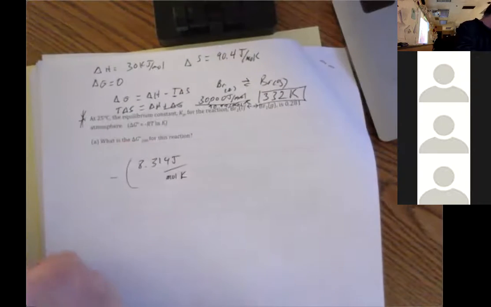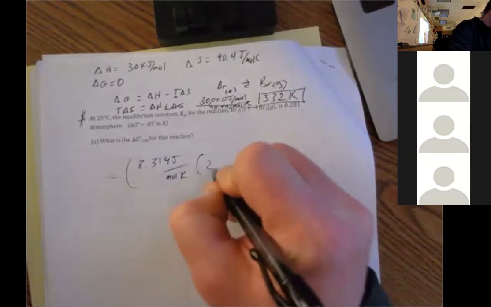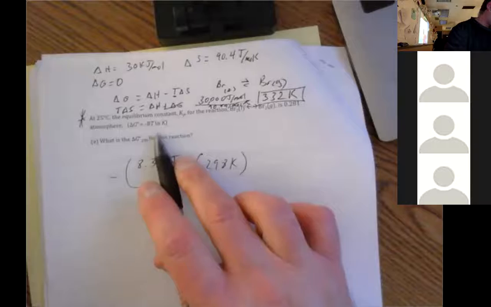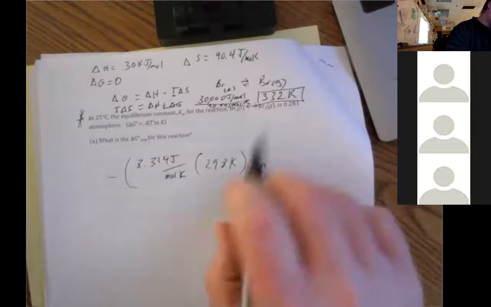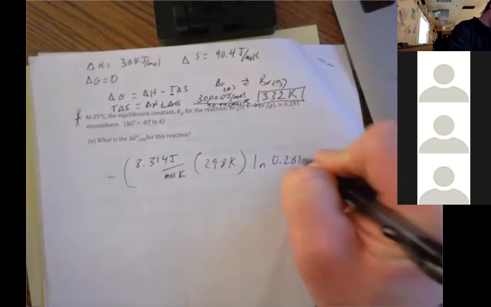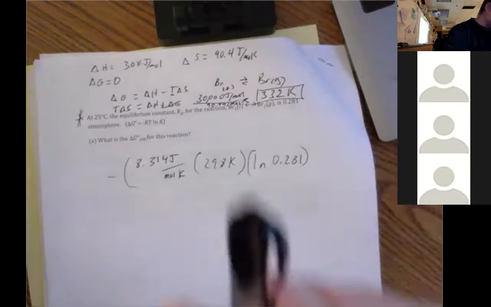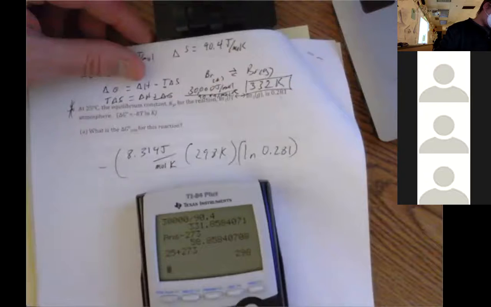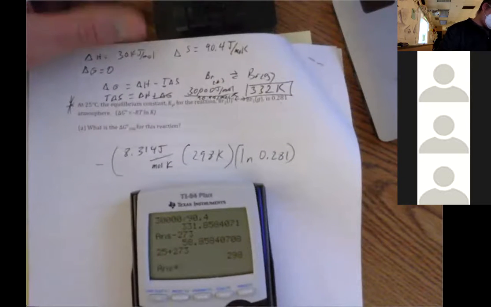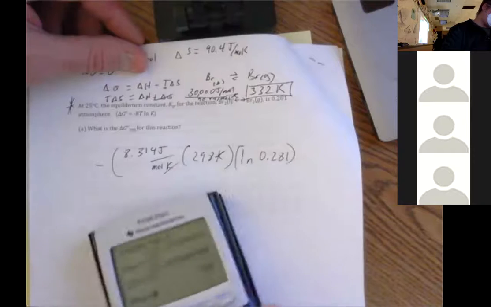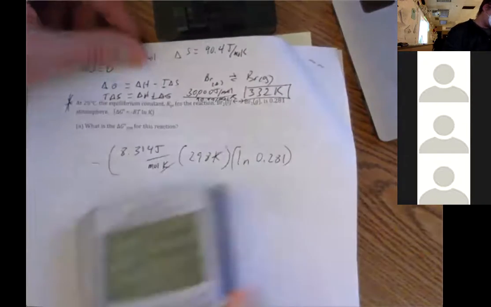It's at 25 degrees Celsius, so we need to add 273 to get that to Kelvin. And then we have our natural log of K, which is 0.281. We are going to put this in there, and the Kelvin cancels out, so we're going to end up with joules per mole.